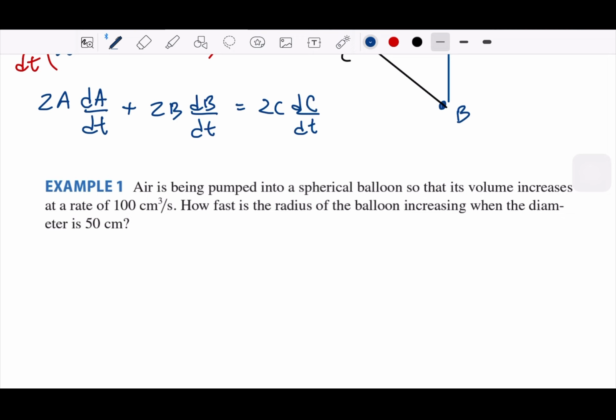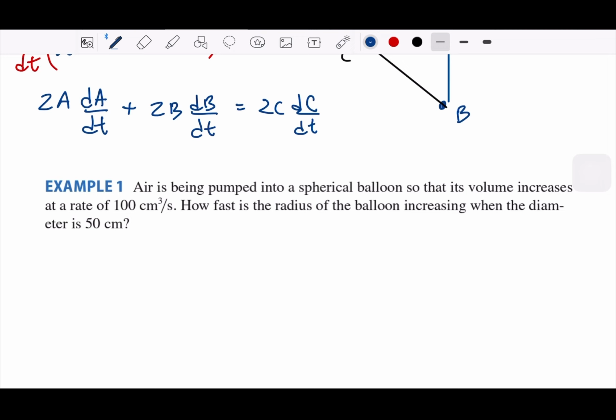Okay, now look at the question. The air is being pumped into a balloon. So you have a balloon, you are pumping the balloon, and the volume is increased. Okay. So whenever you hear something is increased, it means that there will be something changing.